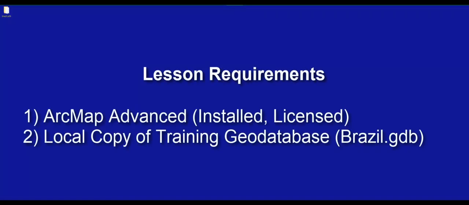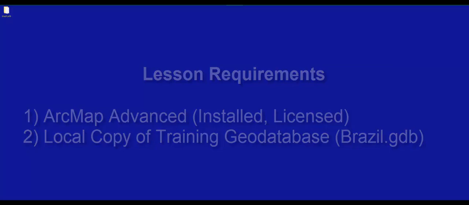Now for this lesson, you'll have 2 requirements. Of course, we'll need ArcMap Advanced installed on your system, as well as access to the training database named Brazil.gdb. This will be our method to share the training files, layers, with you for use during this lesson.